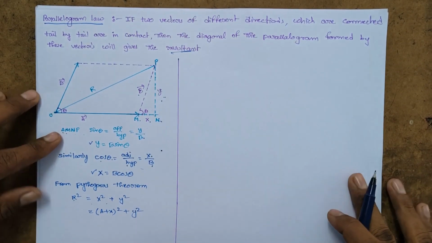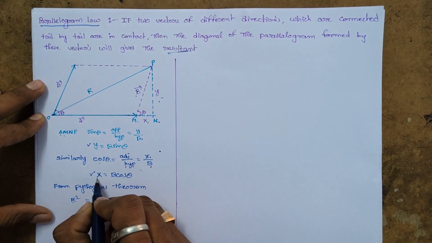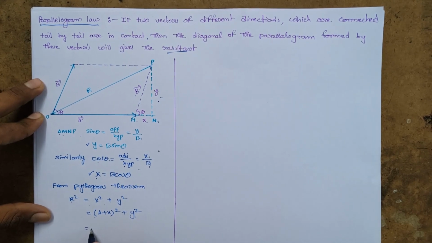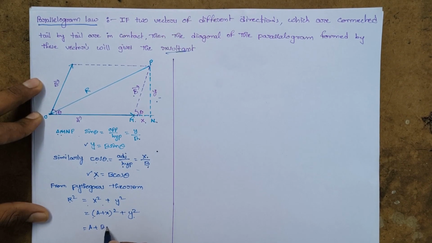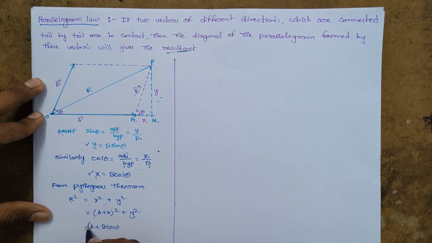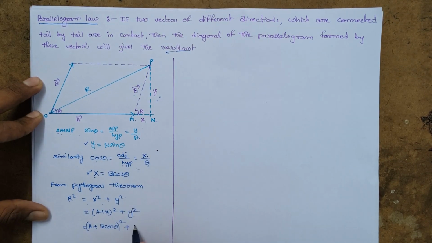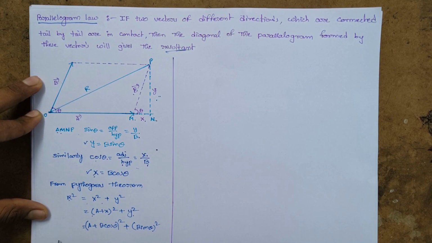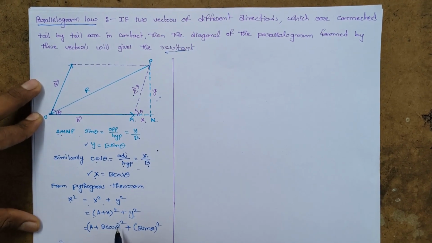After that, we know the x value and y value. You can substitute here: a plus x value is b cos theta, whole square, plus y square means b sin theta whole square, right? From this it looks like the a plus b whole square formula, isn't it?